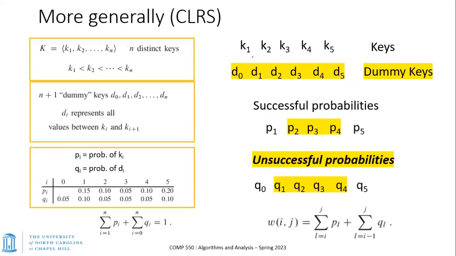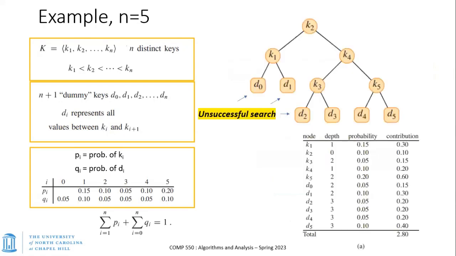Here we're going to be saying that these are the keys. But there's a possibility that you're searching for a number or an alphabet or an element which is not there as one of the keys. So if you depict it in the following way, let's say that here is a binary search tree. These are the keys. But there's a possibility that you may be looking for some value which is less than K1.